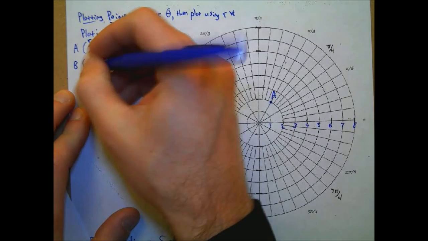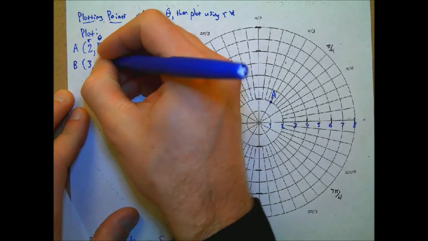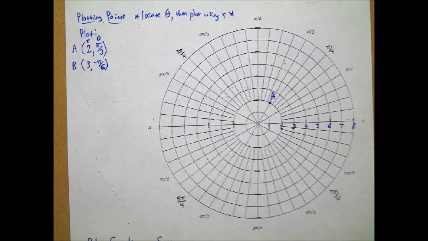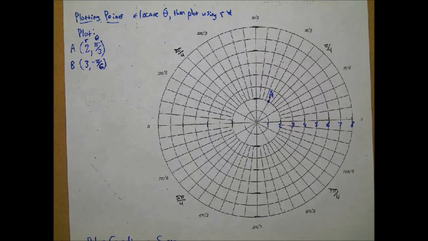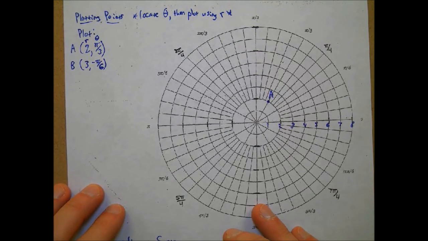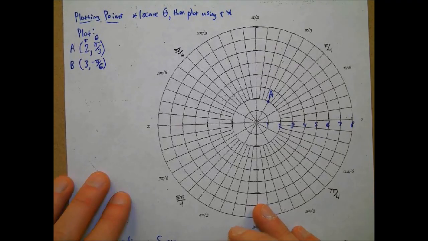Let's try another one. Let's do (3, negative pi over 6). Negative pi over 6 means we're going to rotate which direction? Clockwise, right? Positive pi over 3, we go counterclockwise.